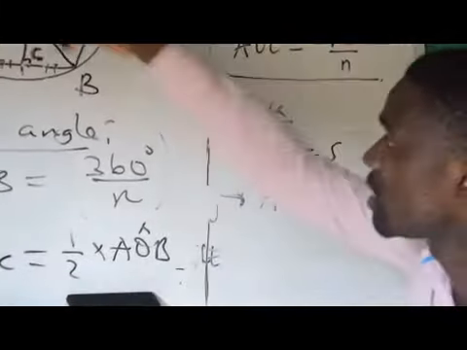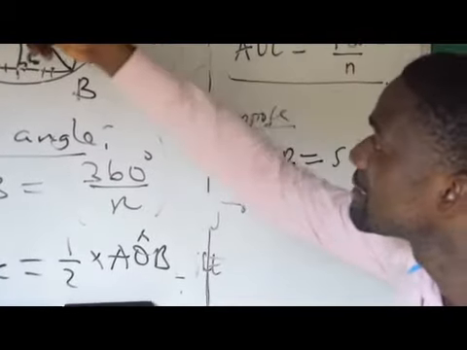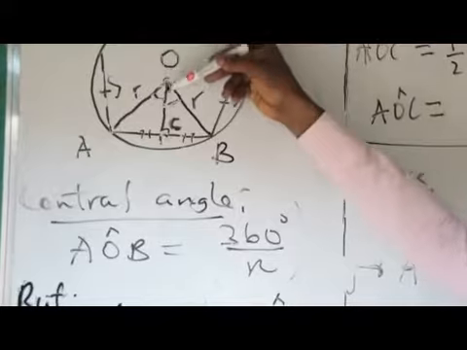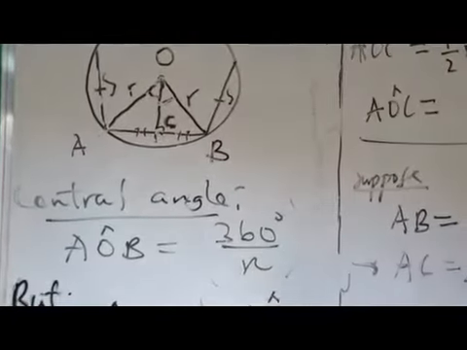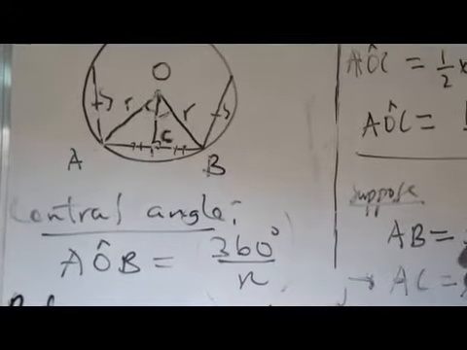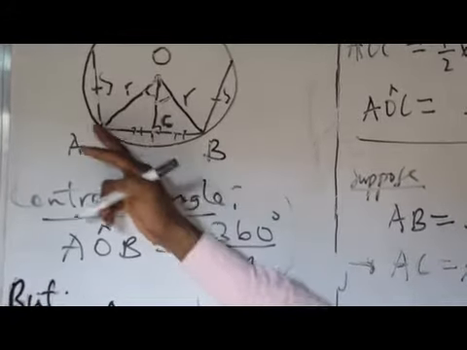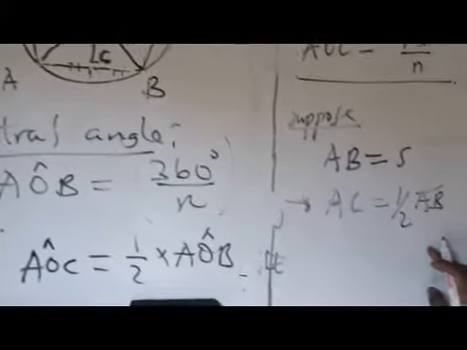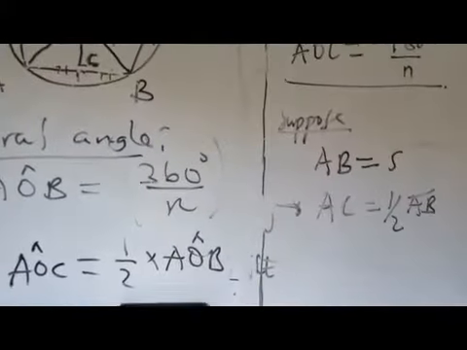I hope so. AC is half of the total length AB, because this OC passes through the center, dividing line segment AB into two equal halves. So AC is half of the total AB. So this is a fact we can extract from this diagram.